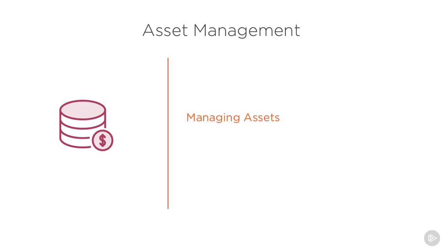Now, in order to do that, first of all, we have to know what assets we have. And for many organizations, this is actually quite difficult because the organization has grown and developed, it's evolved and changed over the years. Staff has changed.